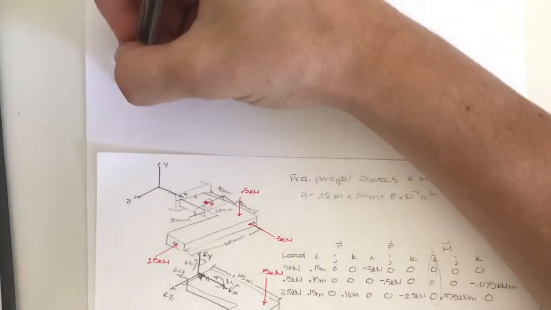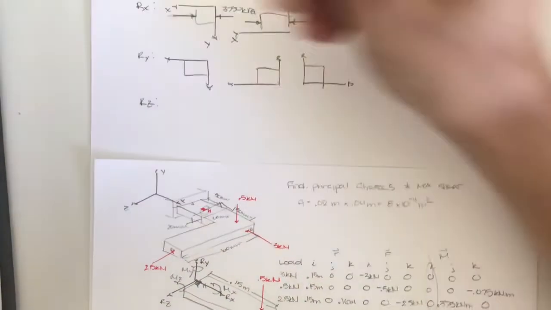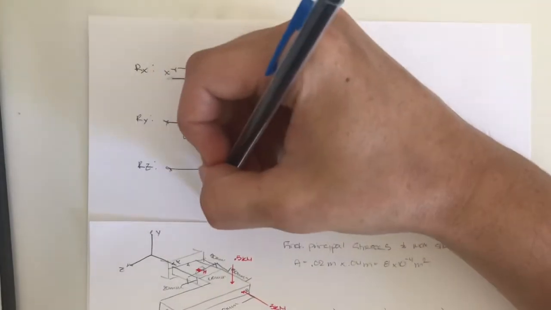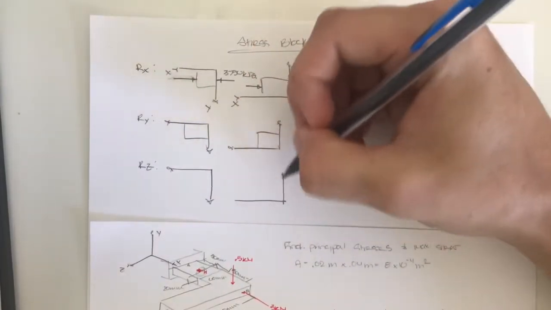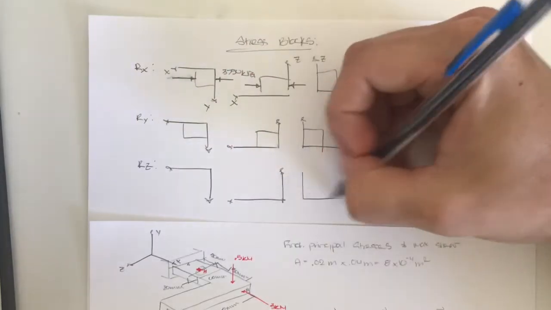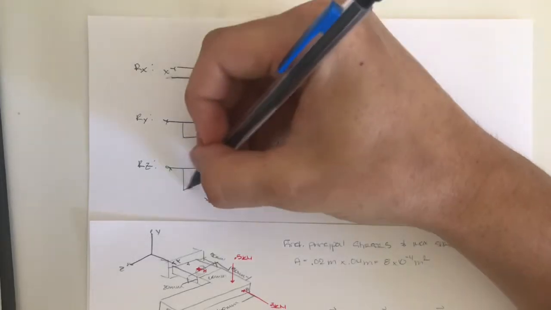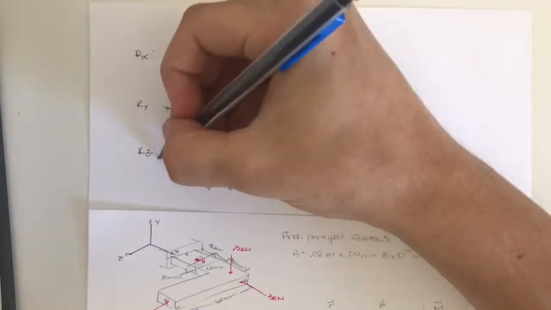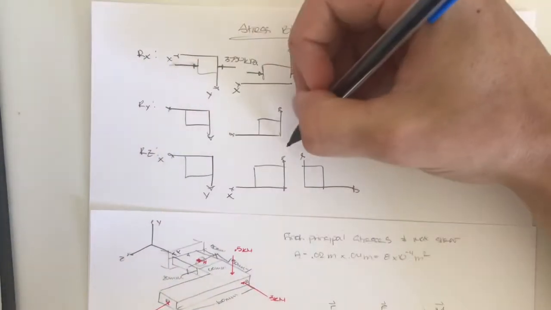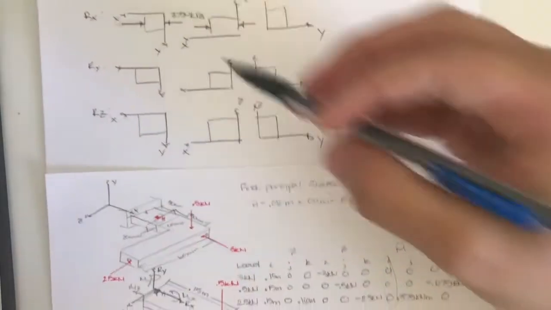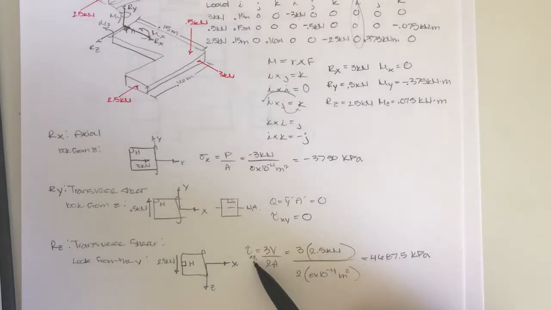So for Rz, we have the XY, XZ, ZY. So we know that the shear stress is going to be in the XZ plane.